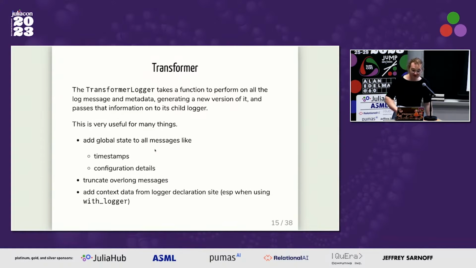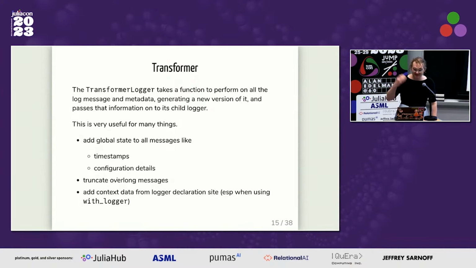So then we have the transformer. The transformer takes the log message and transforms it to be a different log message. So it's pretty useful because you can use it to transform the log message, which you can do things like add some global state to all of my messages. So I might want to stick a timestamp on every single log message because I want to know when they came out.